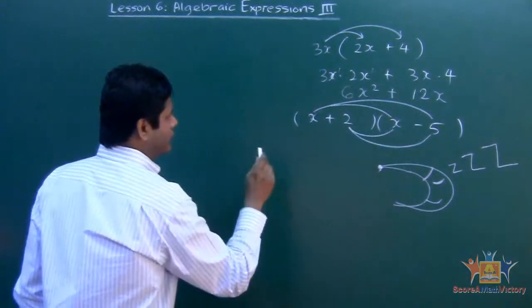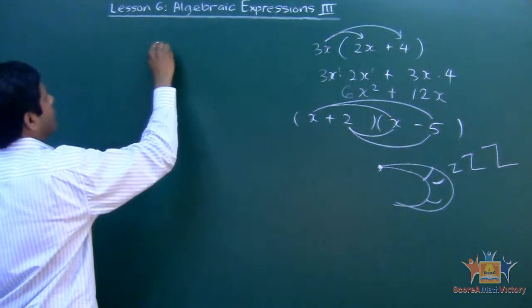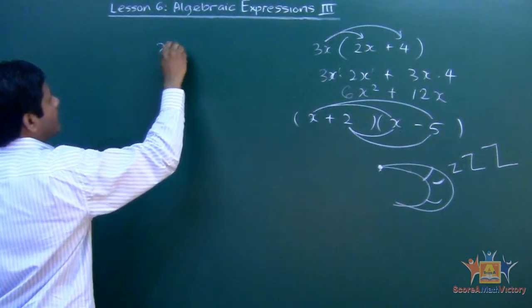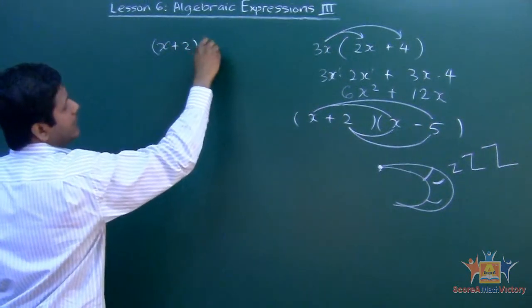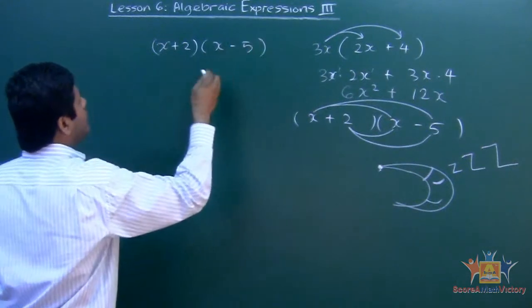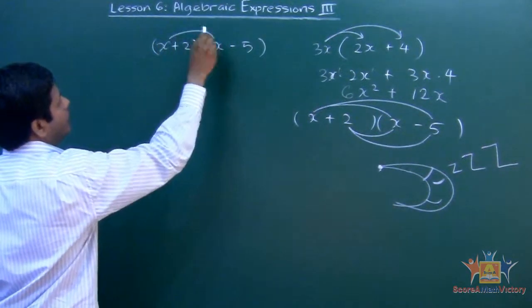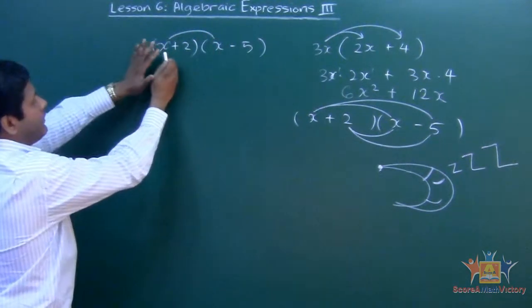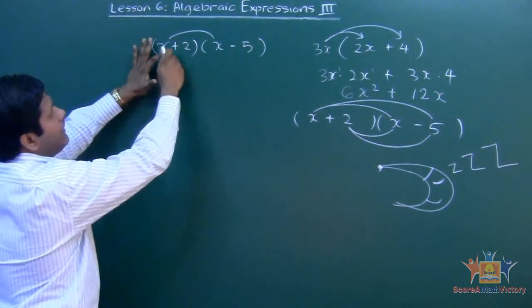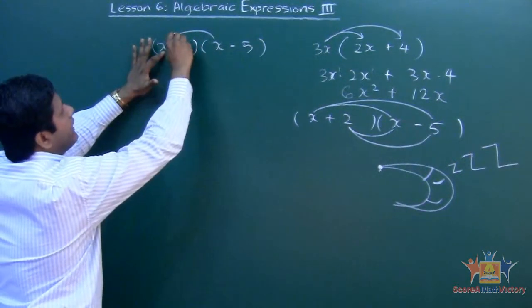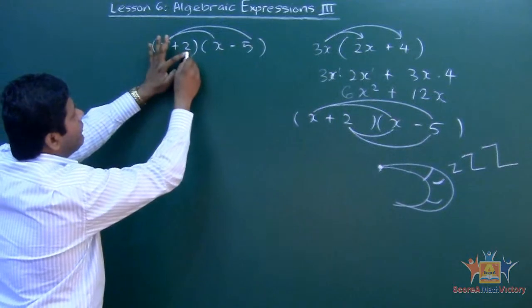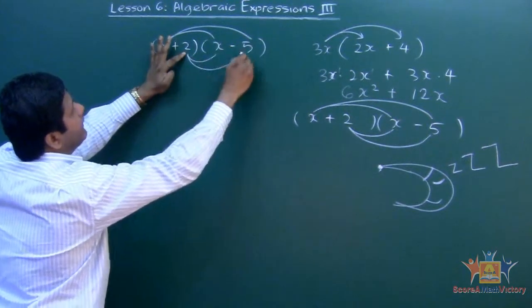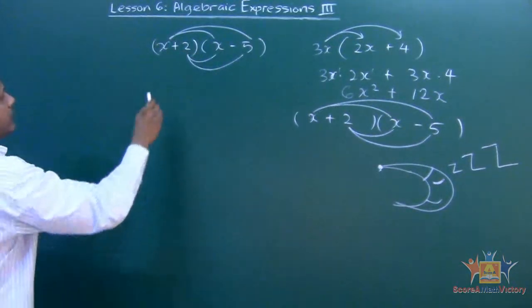In other words, let Mr. Mac rewrite that again. So x plus 2 and then x minus 5. So we're going to use a sleeping moon. We start with the very first side, distribute the first one there, and then the second one there, and then go to the second one to the very first, and then second right there. See that?